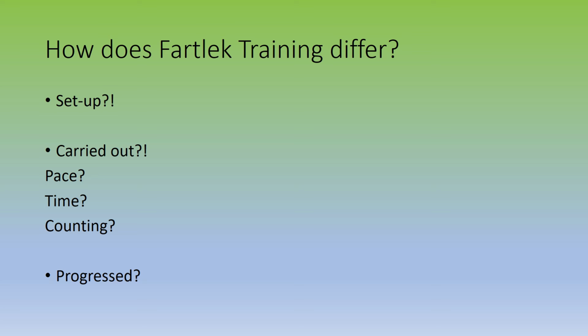This is where key differences emerge in regard to how it's carried out. Rather than staying at a steady pace throughout, fartlek training incorporates different speeds. Fartlek training means speed play in Swedish. So it's about playing with the speeds, changing them up. So what you could maybe say is that down one side of the tennis court, I performed a 50% jog.